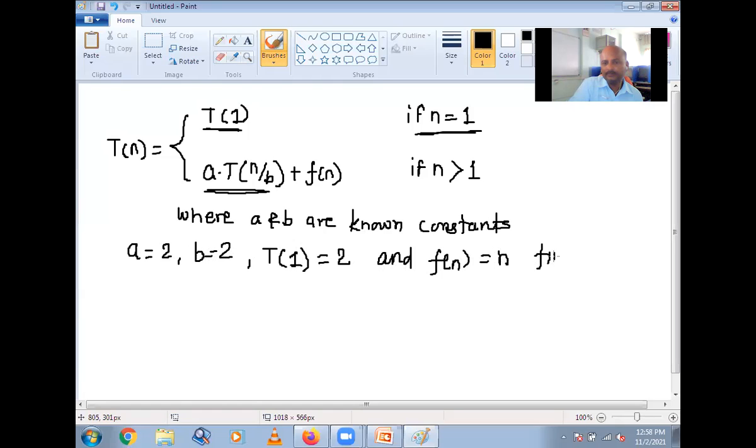Then find T of n. Here the values of a, b, T of 1 and f of n are given, and we have to find the value of T of n.